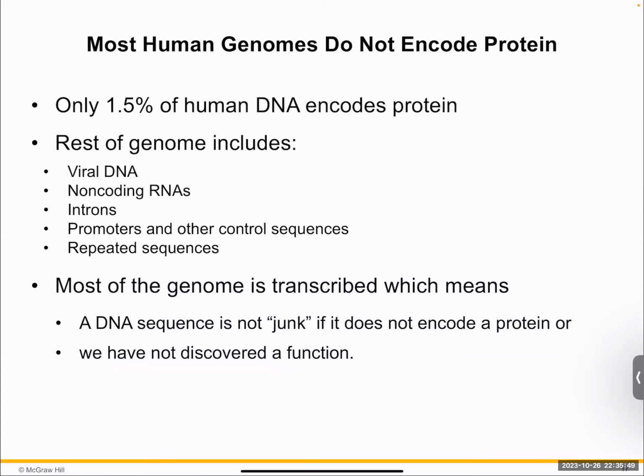Now, if you ever wonder, we keep talking about genes, and we talk about the fact that genes encode or lead to gene expression of thousands of different proteins. If we look at the whole DNA sequence that we have inside ourselves, look at these numbers, it's staggering. Only 1.5% of all of our genetic information actually encodes for what?